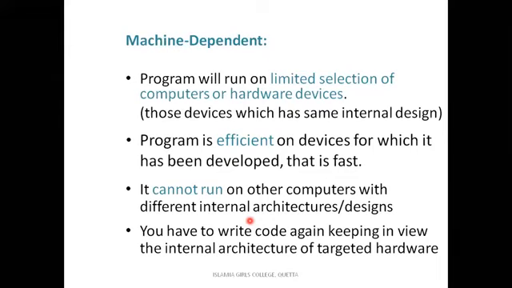So we see that machine dependent means that the programming depends upon the underlying hardware, and you have to keep in view the computer hardware and then write the code. If the internal architecture is different, then you will have to write the code again for such a device.